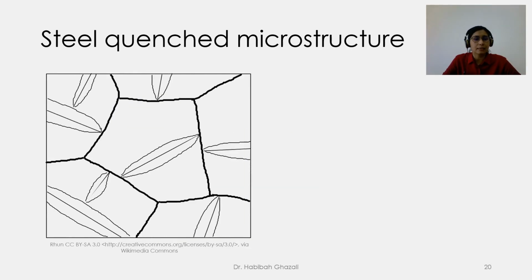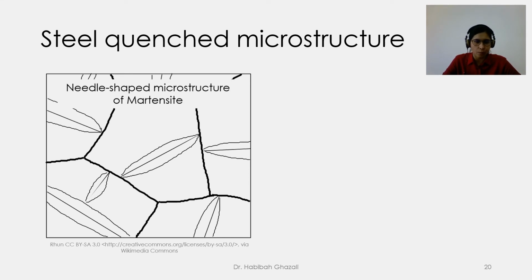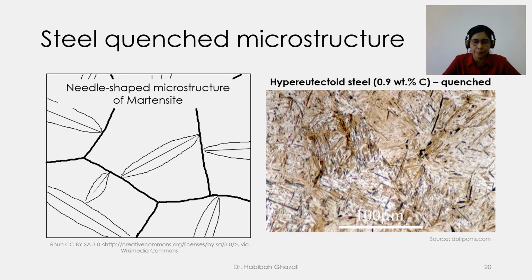So this is the schematic of the steel quench microstructure, with martensite forming a needle-shaped microstructure or needle-shaped grains. Not only do they not have the slip plane that allows dislocation to move, they also form a very, very small grain size.